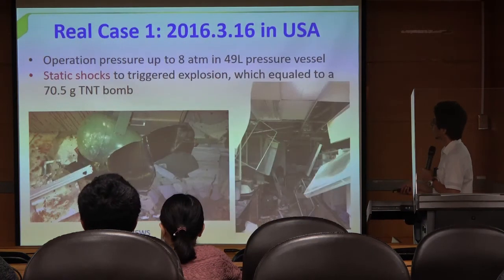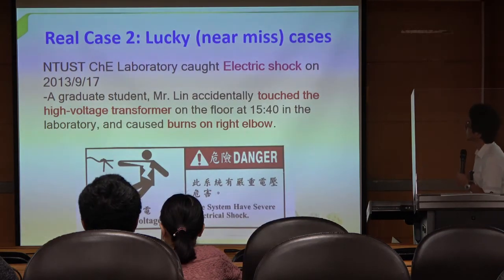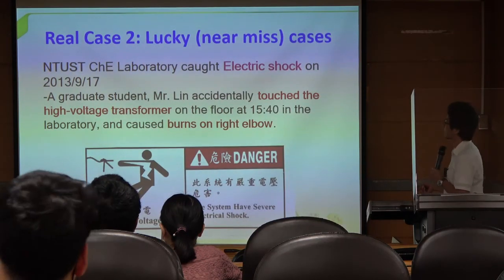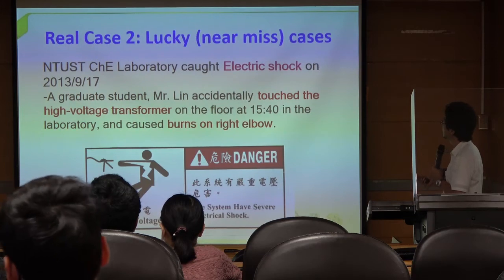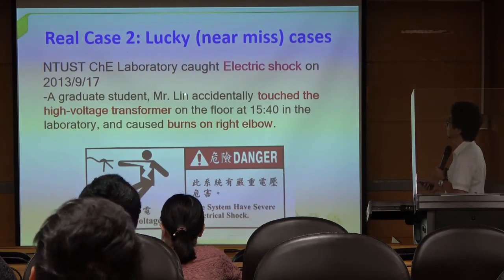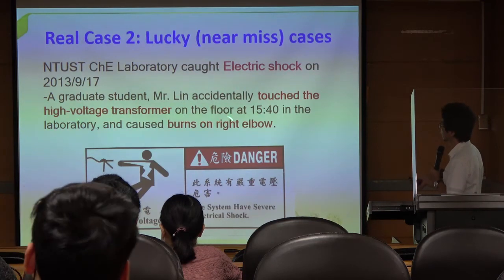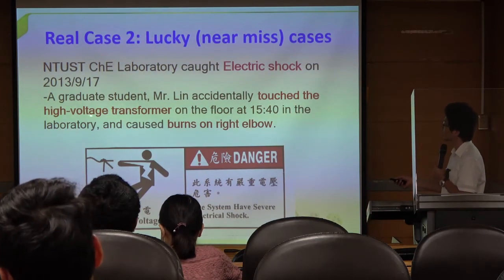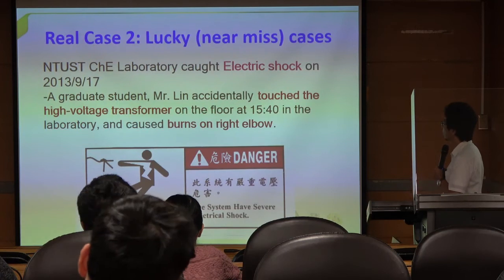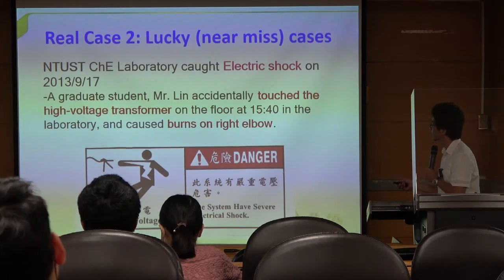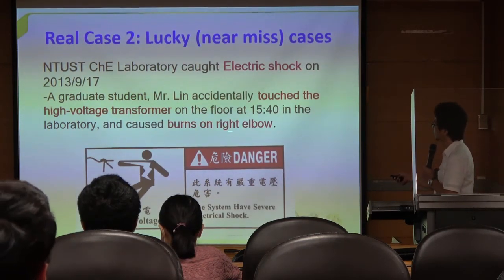Okay. So the real case 2 is here. NTST is a very lucky near miss case. The student got an electric shock because he touched the high voltage transformer on the floor, and it caused burns on his right elbow.